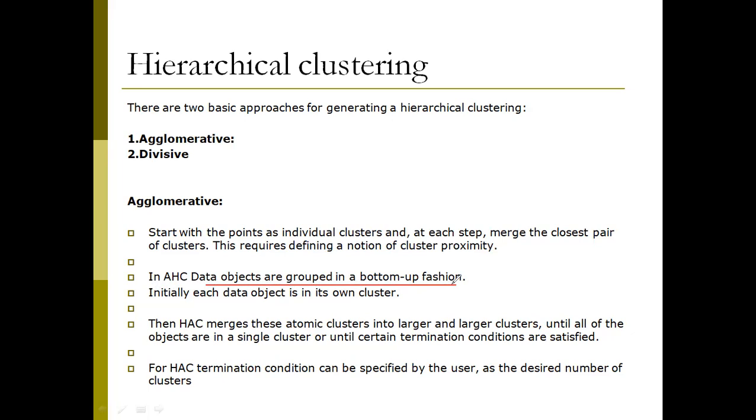The clusters are formed in a bottom up approach. From bottom to top, we merge the clusters stepwise or level wise. Initially, each data object is in its own cluster. Initially, each and every object is one cluster.